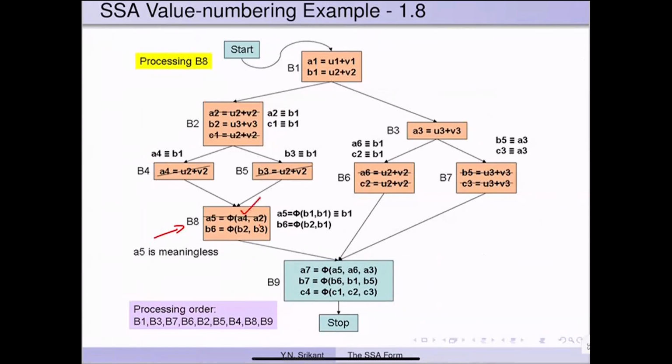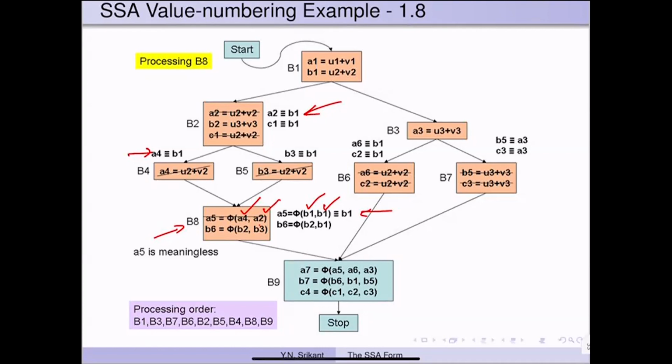So A4 is equivalent to B1, and A2 is also equivalent to B1. So both the operands in the phi function become B1 and B1. So we don't have to keep the phi function at all. You can simply say A5 equal to B1, is equivalent to B1 now.